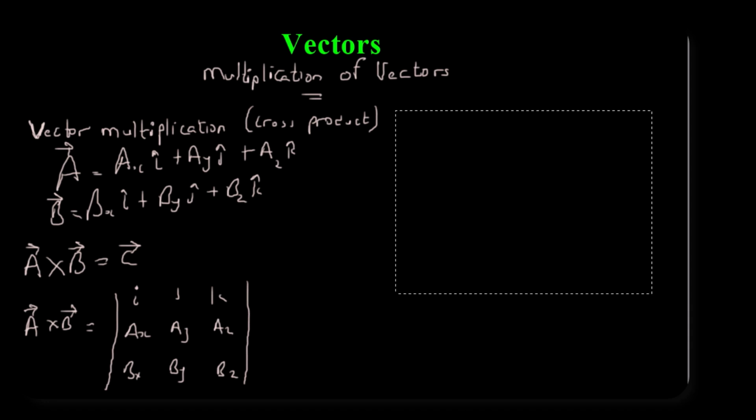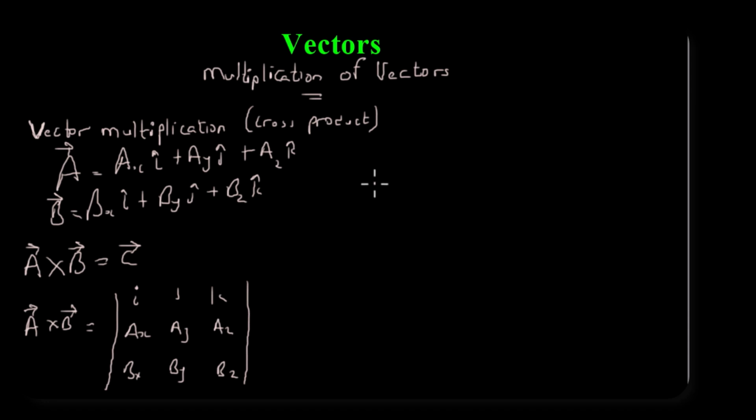All right. So in order to find I, we simply block the first row and then the first column. That is, I want to block everything I can see here because I'm looking for I now. Then the only thing I'll be left to see will be AY, AZ, BY, and BZ.